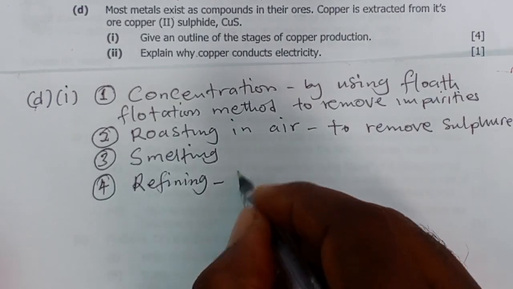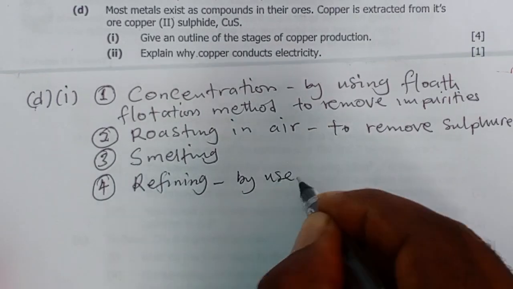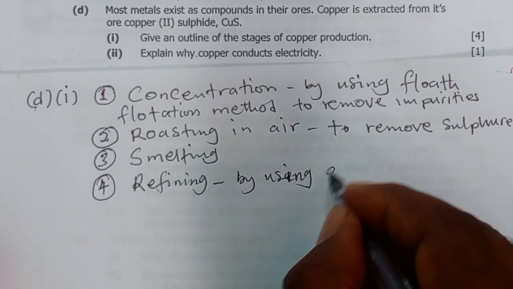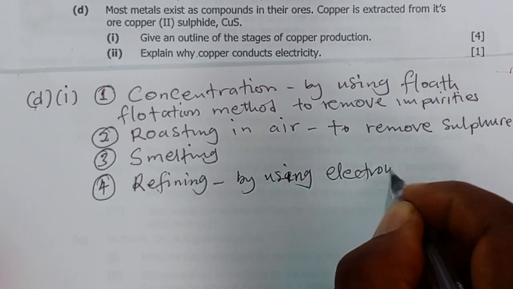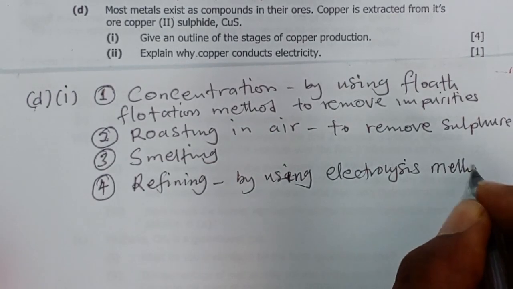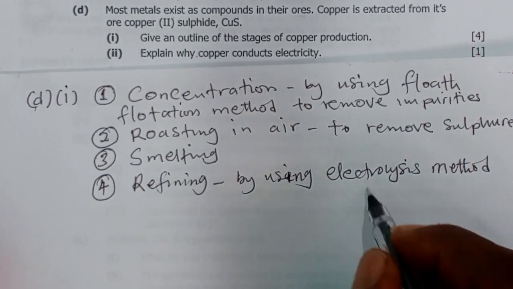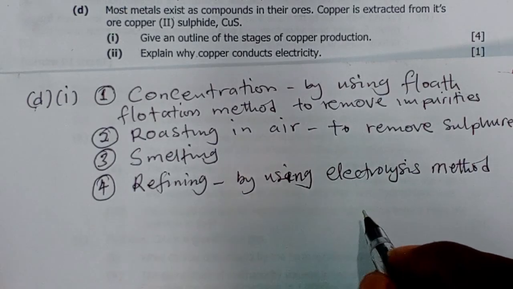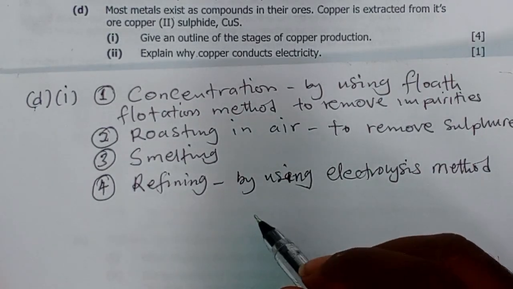So refining by using the electrolysis method. So the electrolysis method is used to purify copper. So these are the 4 stages in copper production.